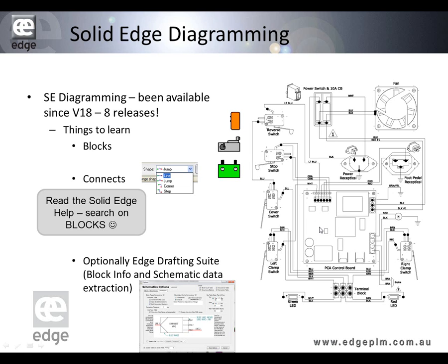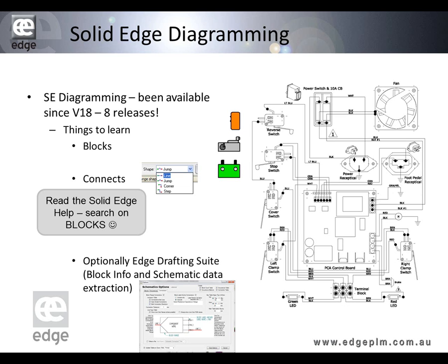And they're the blocks. We can see the blocks there, and then the lines between them are not lines in the conventional sense. They're connects. Now, connects are a special type of line that has attributes attached to it that we can use for other things later on. But there are several different types of line, as we'll see.